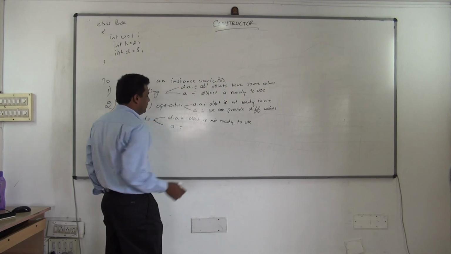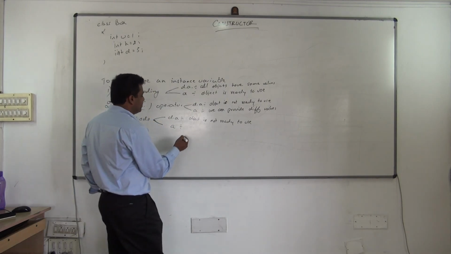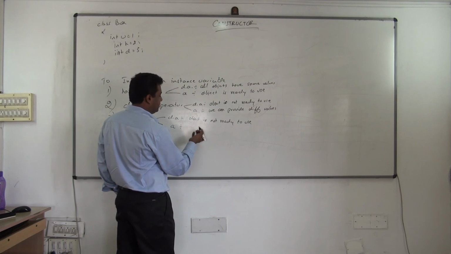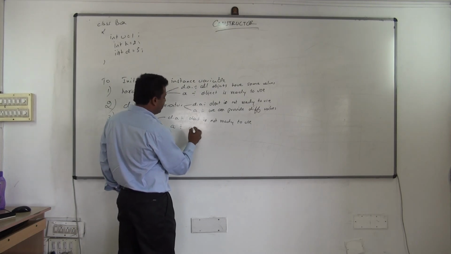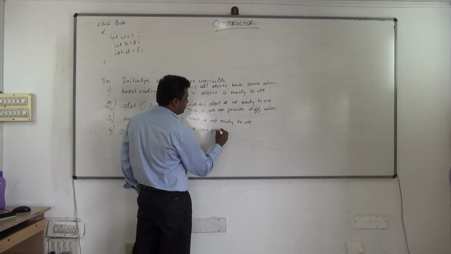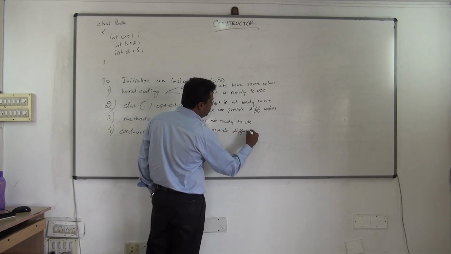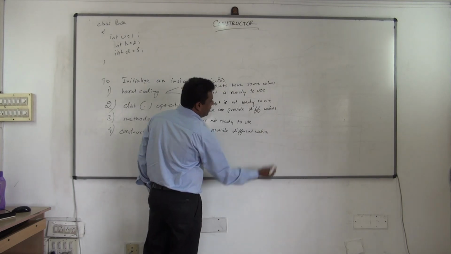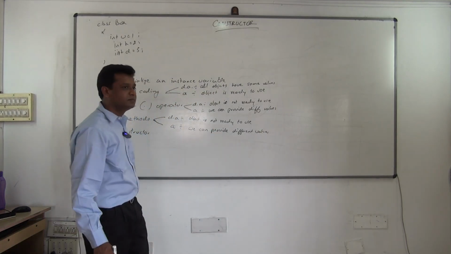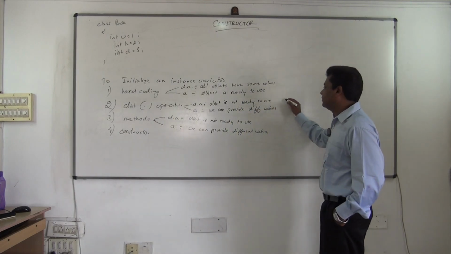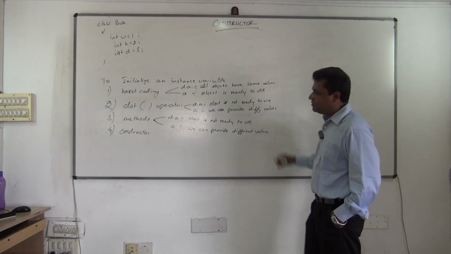Disadvantage, advantage. What is the advantage of this one? We can provide different values and reuse. Different values plus we can reuse. And there's one drawback in these two. We'll see that later.